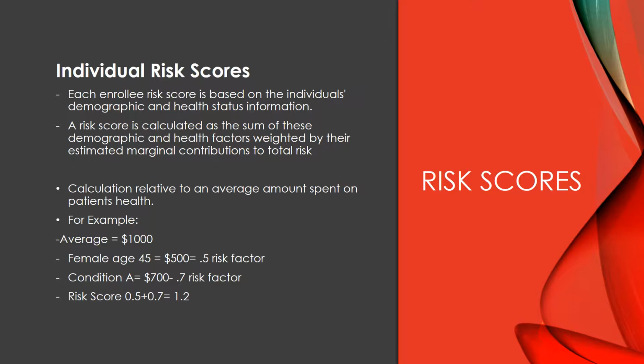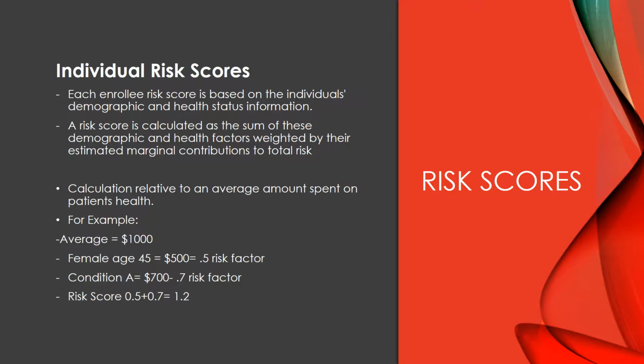So let's say we have an average of $1,000, okay, for any patient, any member. And we have a female in office that's around the age of 45. She is not really high risk. She's half of that, so we're going to give her a 0.5 risk factor. She only has minimal conditions, so let's say it's $700, so we're going to give her the 0.7 risk factor, and we have to sum that up to get the risk score, which is the 0.5 plus the 0.7 equals the 1.2 risk score.